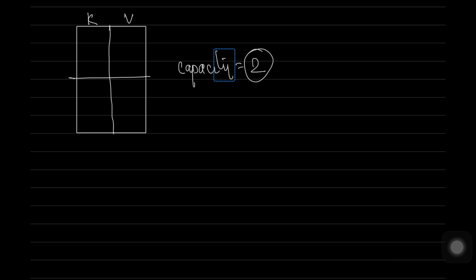An LRU cache drops the least recently used item. This means the item that hasn't been accessed or looked at for the longest time gets kicked out. Whenever we read an item using get or update an item using put, that item becomes the most recently used, so it moves to the front of our list.